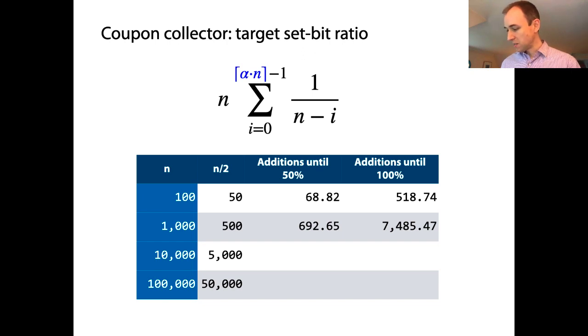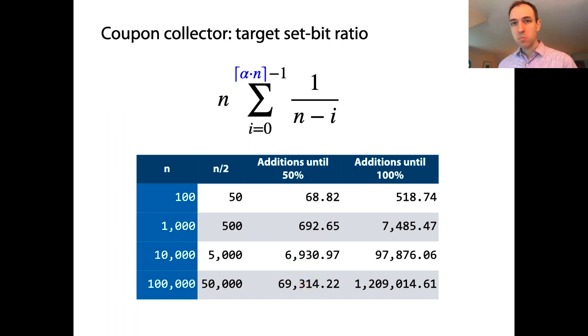And the trend will continue where this number in this column will increase, not exactly 10 times the number in the previous row, but a little bit more. Whereas this column is clearly growing faster than n. It's clearly growing faster than the number of bits in the Bloom filter. It's not linear. So what accounts for this?